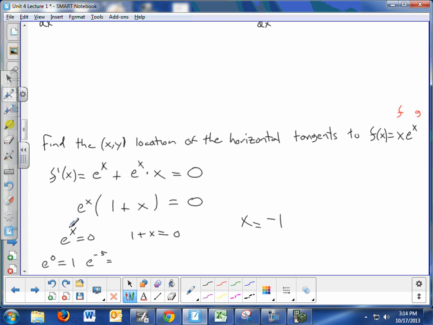As we continue to put in bigger negative x values, this gets closer to 0. So e to the negative infinity approaches 0, but it never gets to 0. So I won't put equals, I'll say approaches.